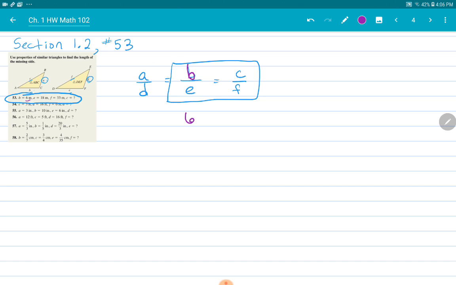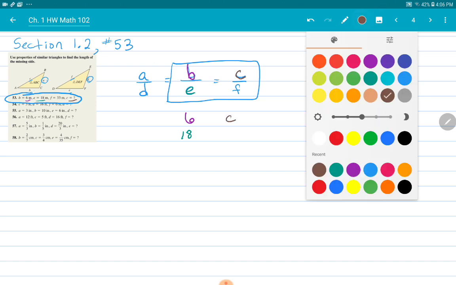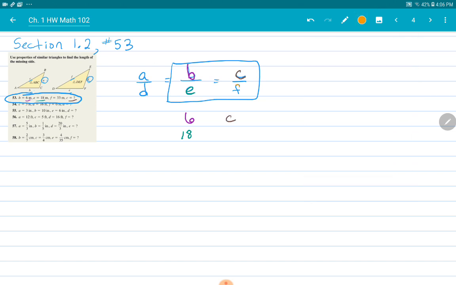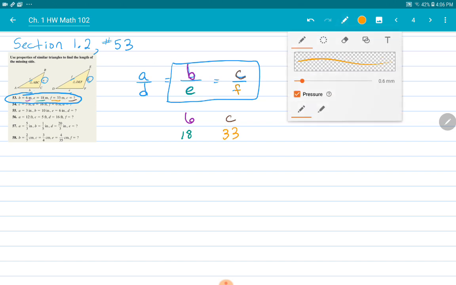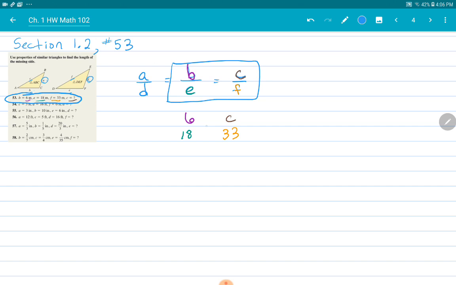I'll put a 6 for B. And for E is the 18. And C, that's our variable that we need to solve for. And F is the 33. So that is my proportion, plugging in the information we know.